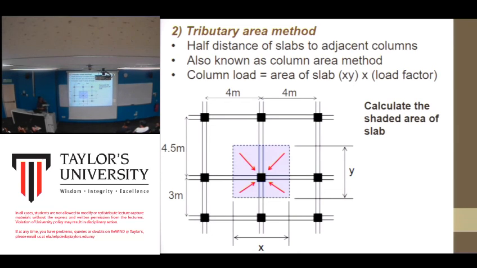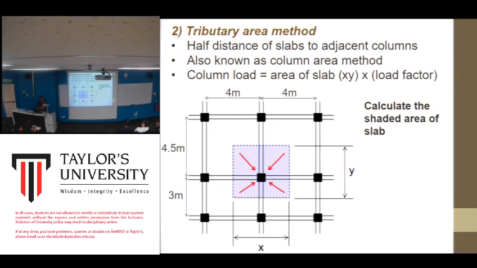Column load equals area of slab, x times y, times the load factor. For example, for live load, the live load factor for residential is 1.5. 1.5 times the area, and straight away you get the live load that will be distributed to the column.